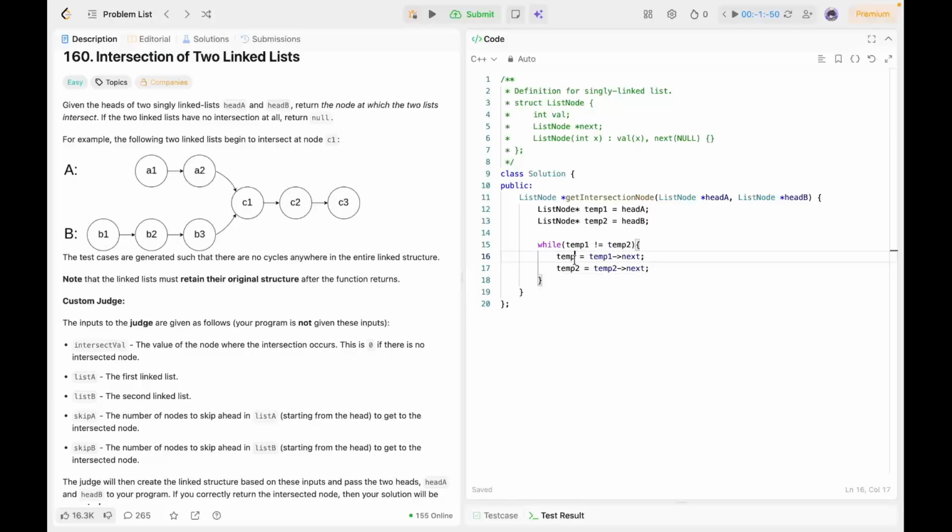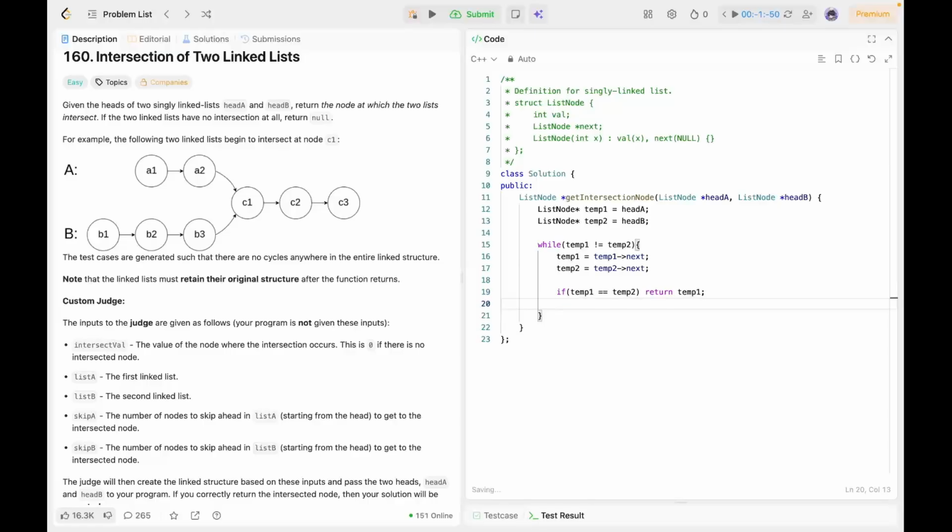Okay, and if my temp1 equals temp2, it means they are meeting at the same node, and you can directly return temp1 or temp2, it is up to you. Let's suppose I'm returning temp1.